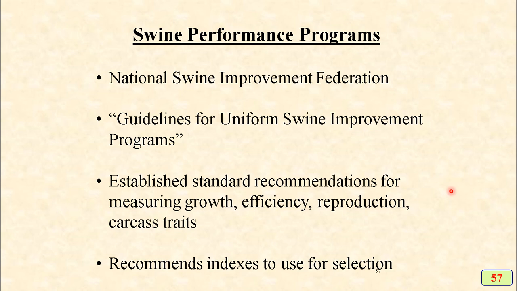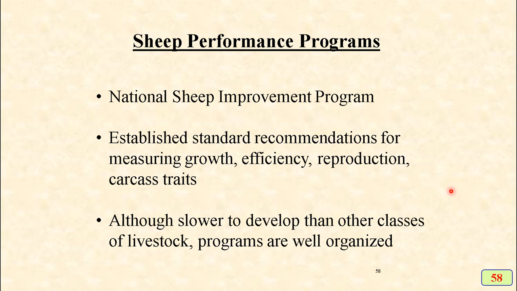The US established standard recommendations for measuring growth and recommends indexes to use for selection, and the same type of genetic traits are followed in different parts of the world. And sheep performance programs, national sheep development programs. For example, in Karnataka State there are sheep and wool development corporations, and they are slower to develop than the other classes of livestock.